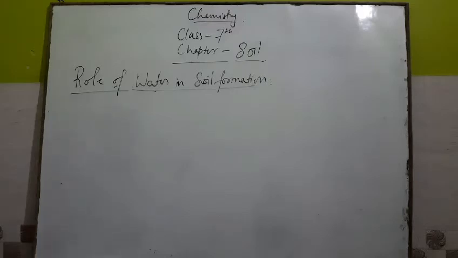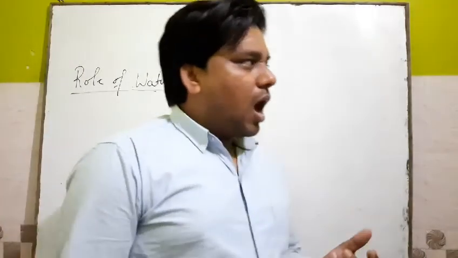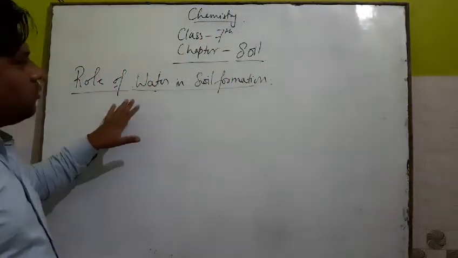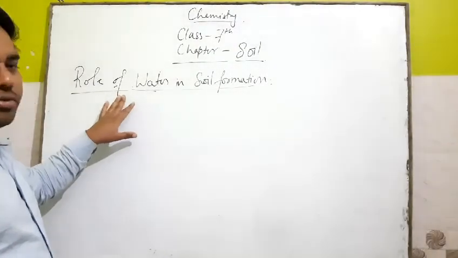While rolling down, they strike against each other and form very fine particles. These fine particles are carried by rain and river water, and on the way get mixed up with organic matter to form soil. Means what? How does water help in the formation of soil?